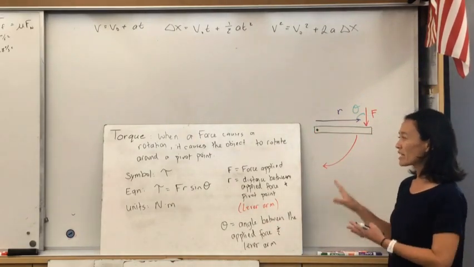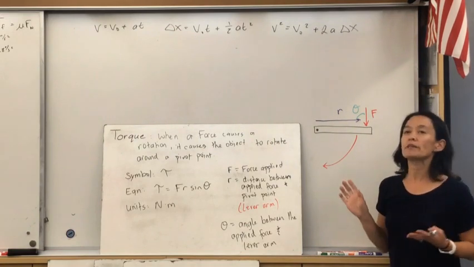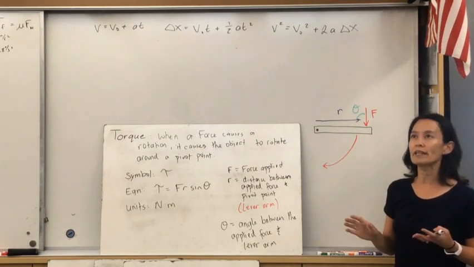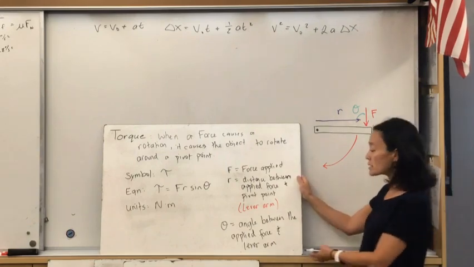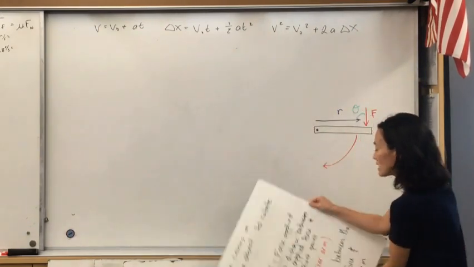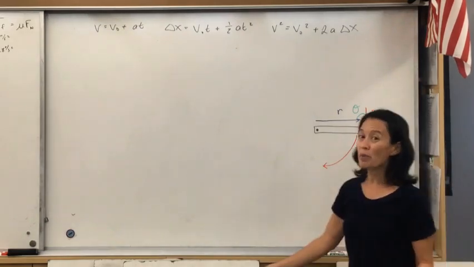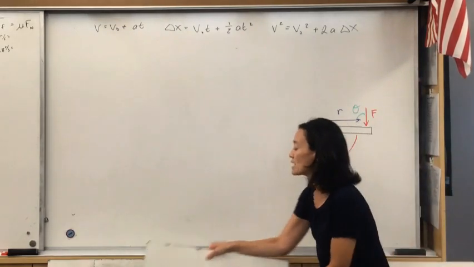Okay, so that's the definition of torque, but something we have to understand is that we no longer have things moving right and left and up and down. Torque causes rotation. And because it causes rotation, we have to define what is positive rotation and what is negative rotation.